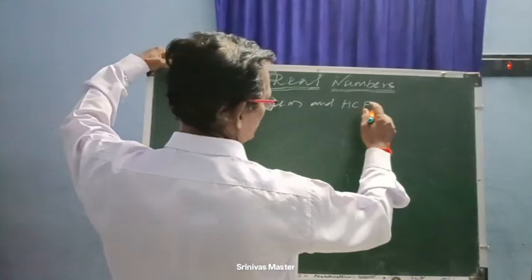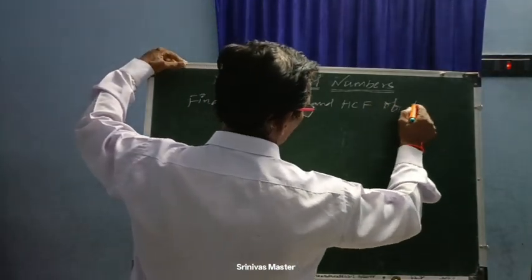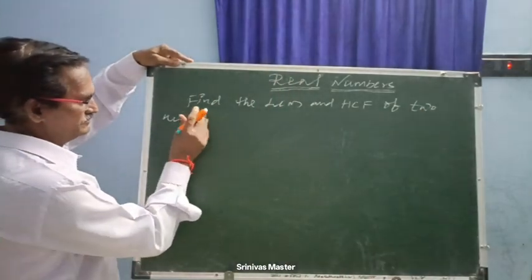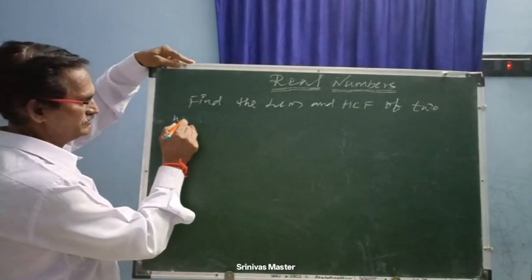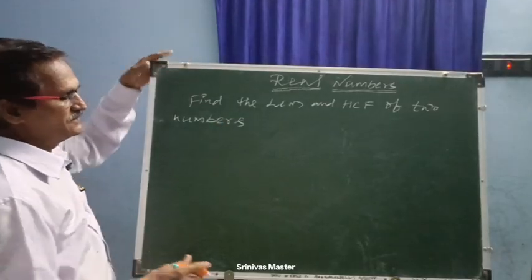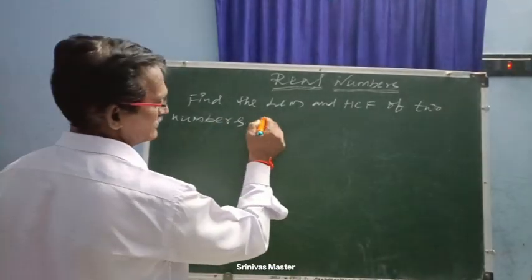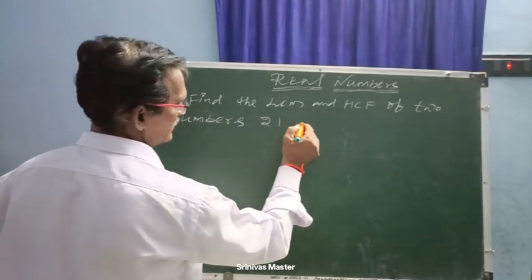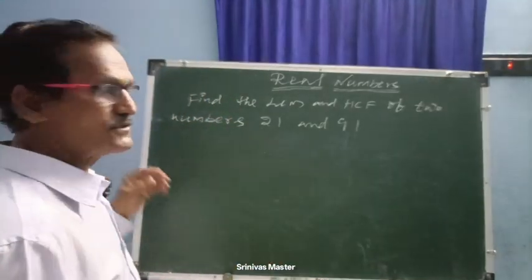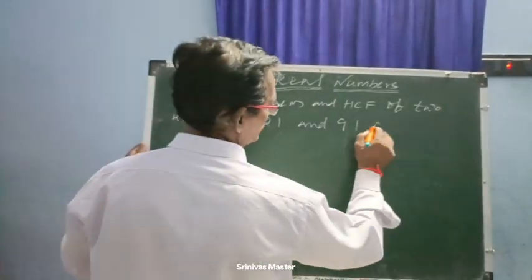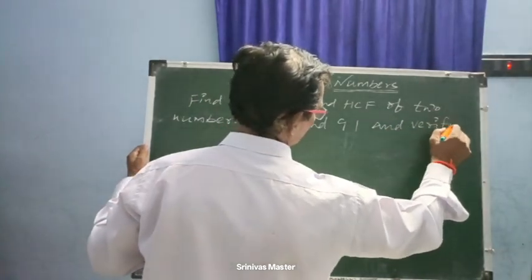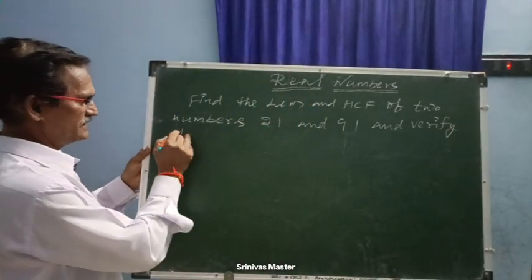Find the LCM and HCF of two numbers, for example 21 and 91, and also do the verification and verify the result.